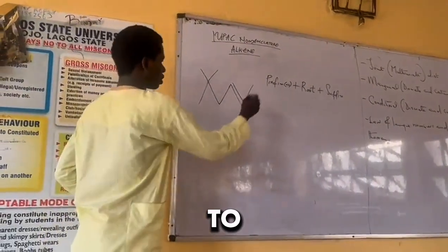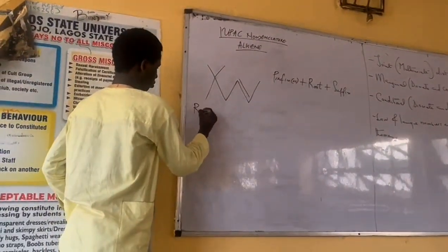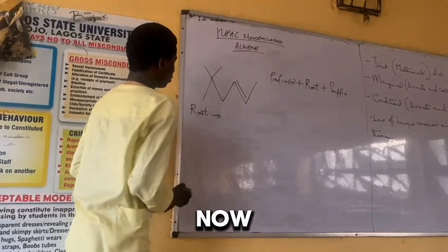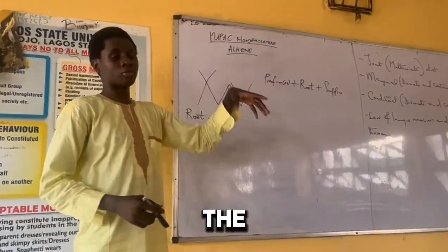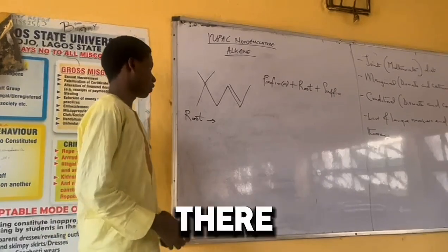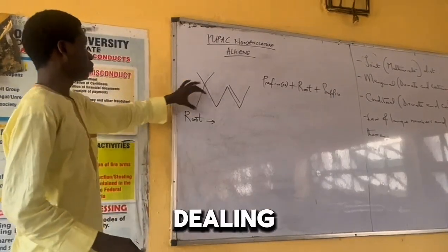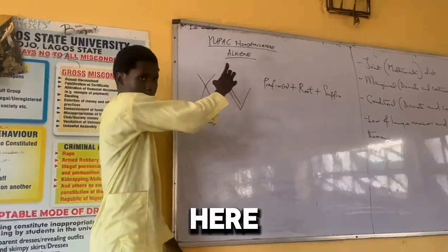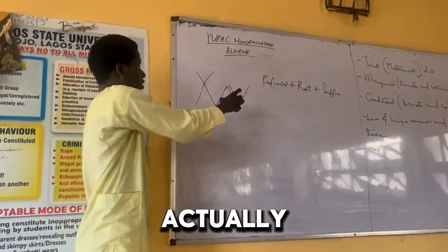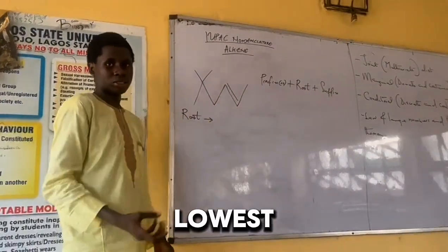Now the first thing is to get our roots. If we are to get our roots, we are to get the longest continuous carbon chain. And whenever we are dealing with alkene, we have to give preference to the double bond, the numbering that actually gives this double bond the lowest number.